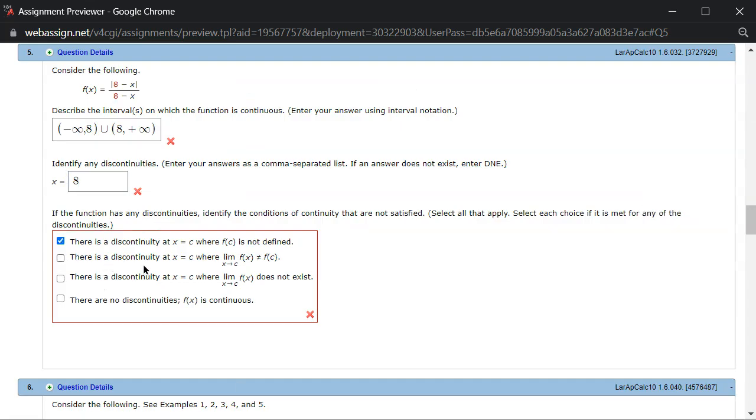There's a discontinuity at x equals c where the limit is not equal to the actual value. So this actually is automatically violated. I have to be a little bit careful, but I would check this one because the limit does not even exist there. There's also a discontinuity at c where the limit does not exist.